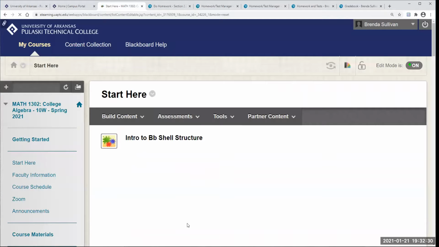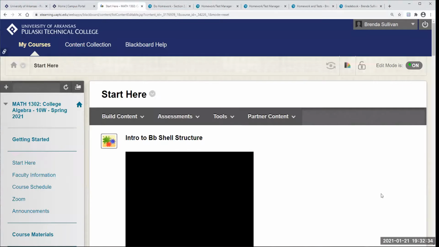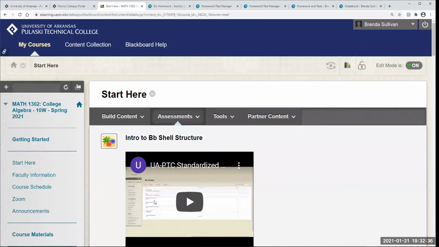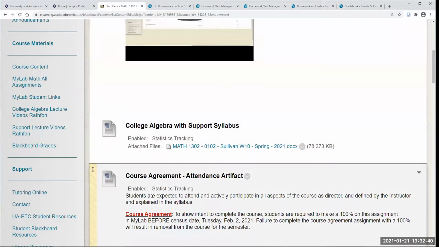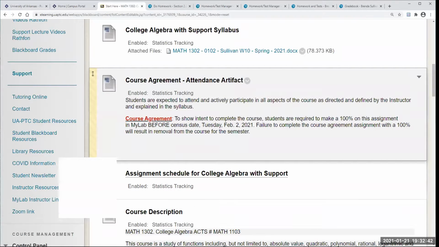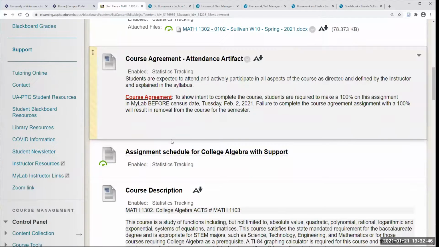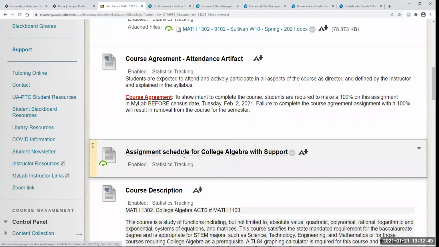Then you can go down through this. Your syllabus is on this start here. You'll need to look at that syllabus, and you'll have to do that course agreement that's out in my labs. But your assignments can be listed. This is all of them at one time right here, and you can see all of them at one time on that start menu.